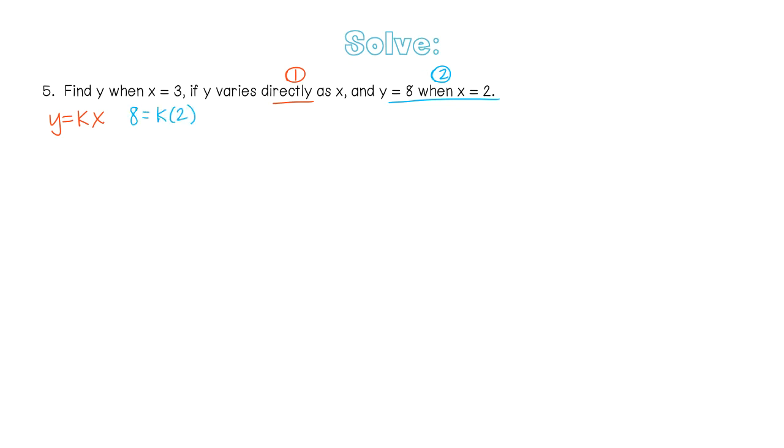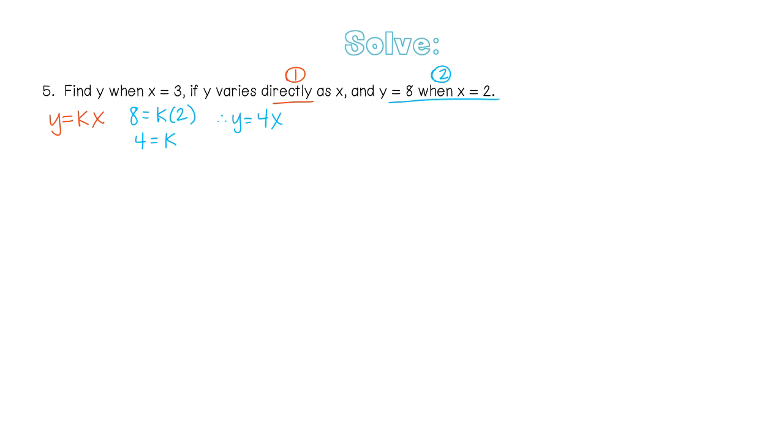So 8 is y, 2 is x. Well, I can actually find out what k is at that point by dividing by 2. That's my k. I'm going to rewrite the equation now, only I'm going to plug in k because I've found my constant of variation. My constant of variation is 4.